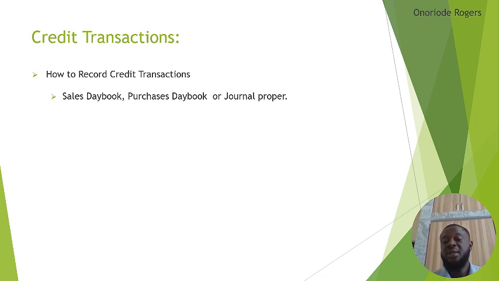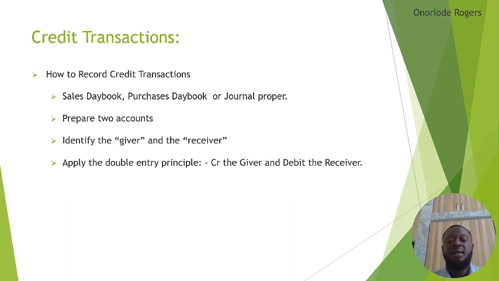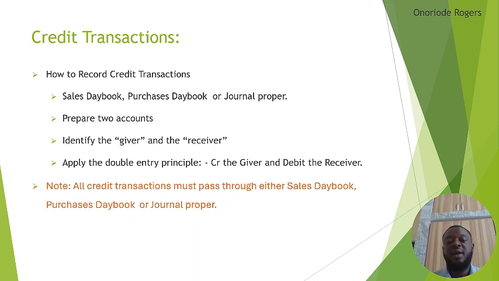We will get to the subsidiary books of accounts. So prepare the accounts, then identify the giver and the receiver, then apply the double entry principle whereby you debit the receiver and credit the giver. Note, all credit transactions must pass through either the sales day book, purchase day book, or journal proper.